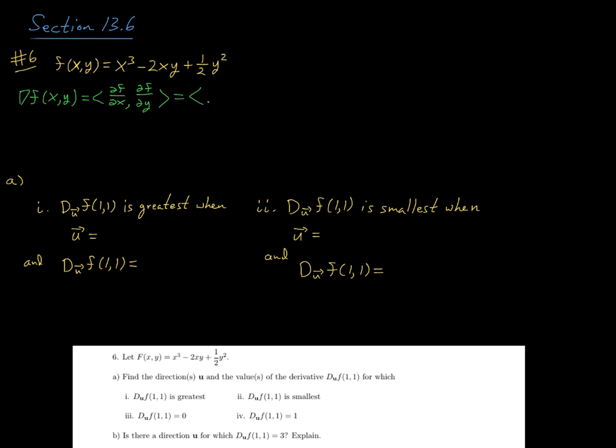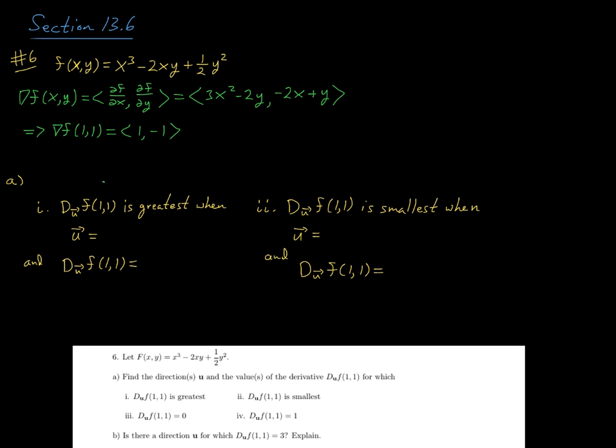Computing those, the x derivative would be 3x squared minus 2y, and the y derivative would be minus 2x plus y. Then evaluating this at the point (1, 1) will give us the vector (1, -1).